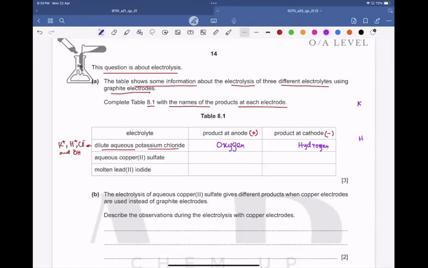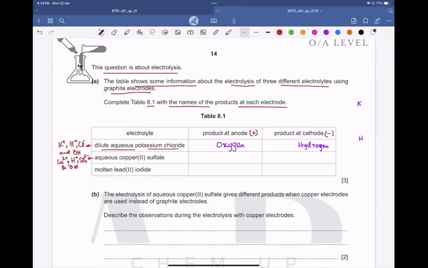Okay. Now we have aqueous copper sulfate. It has copper 2 positive ions, hydrogen ions, sulfate ions, and hydroxide ions. So what are we going to get at the anode? Which ion is going to be attracted towards the anode, sulfate ion or hydroxide ion? A hydroxide ion, very good, Rahim.